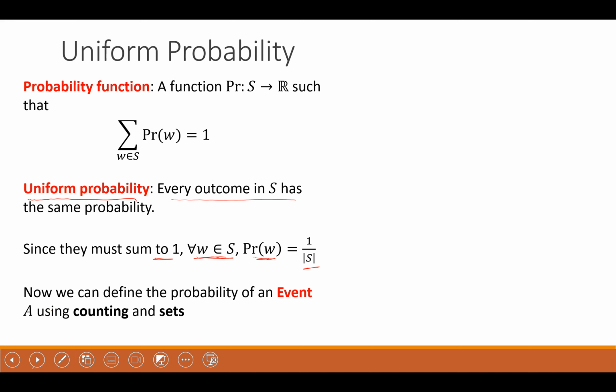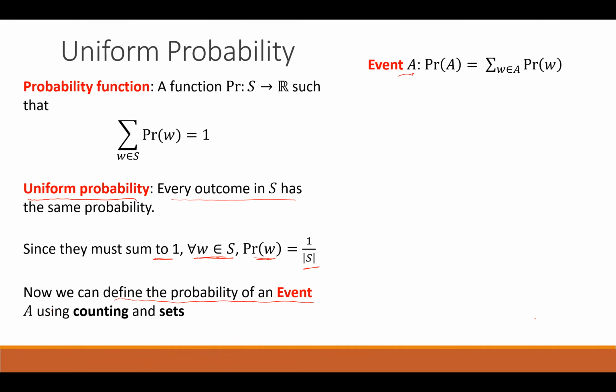We've actually worked with uniform probability last lecture. This time we're just defining it explicitly. But what this means exactly is that now when we want to find the probability of an event, it all comes down to counting, right? We simply count the size of our sample space and we count the size of our event.